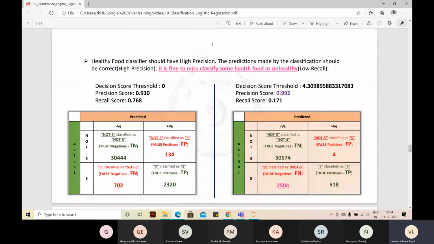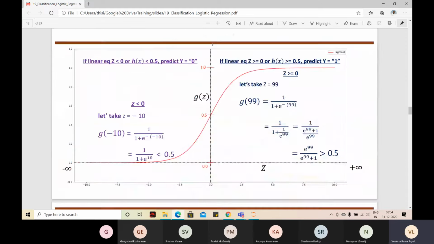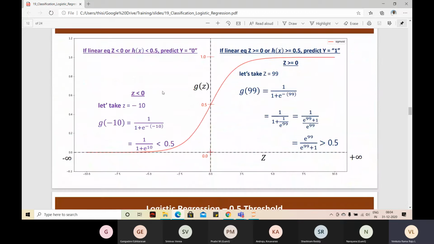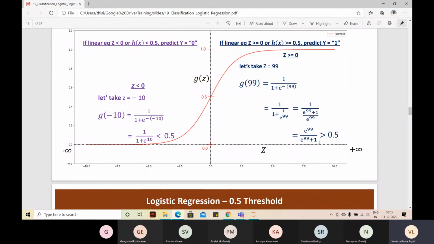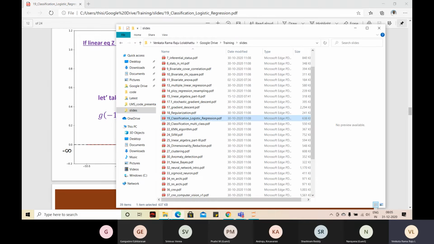I said that the logistic regression algorithm will try to generate a number close to 0 for a record whose y value is 0, and a number close to 1 for a record whose y value is 1. In that process, in every iteration, it should look into the cost function. Do you remember in gradient descent?